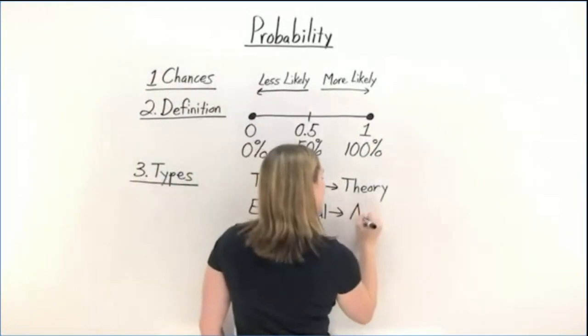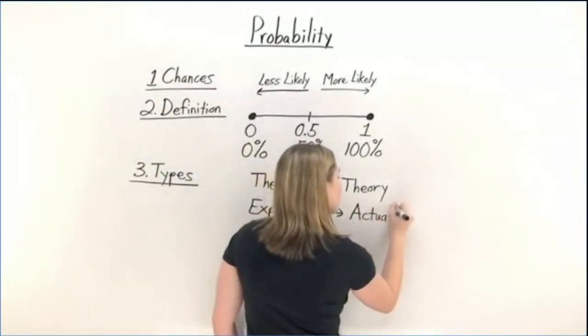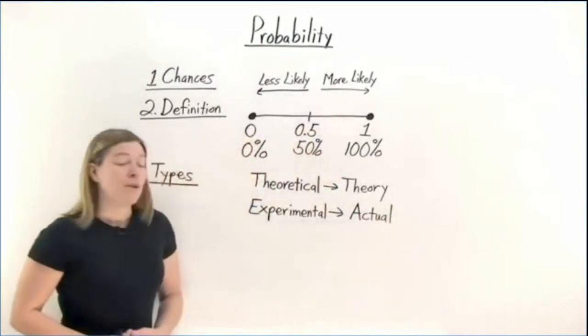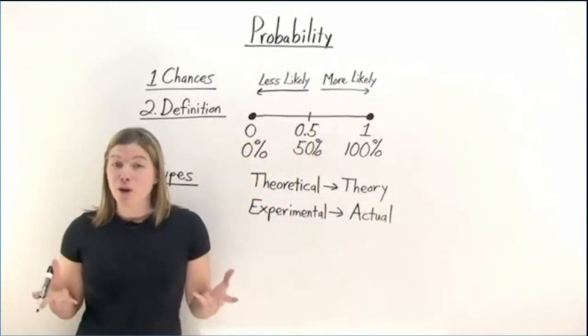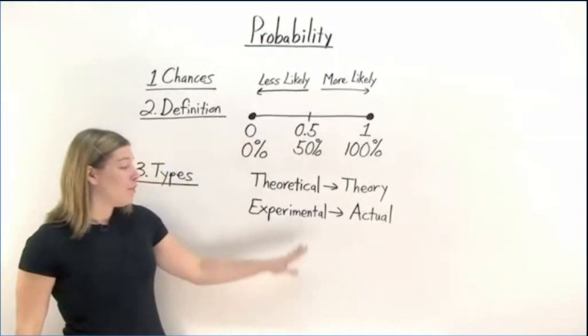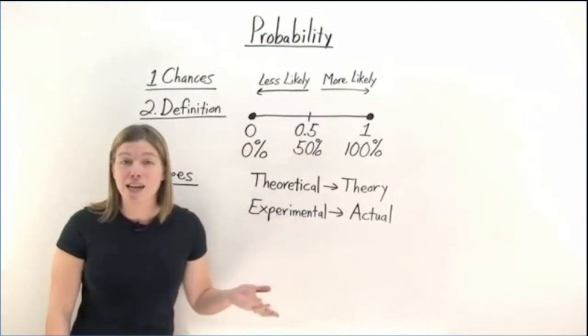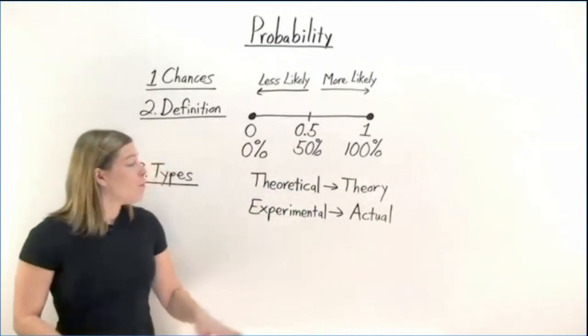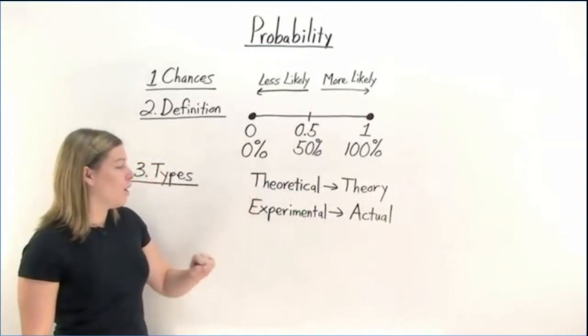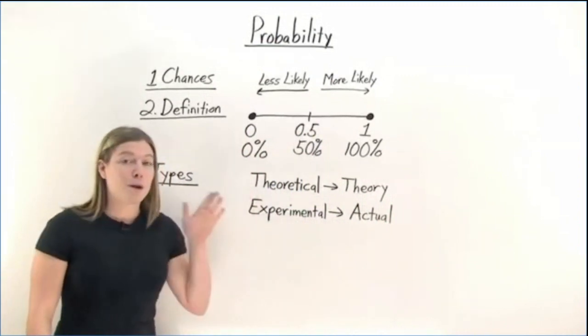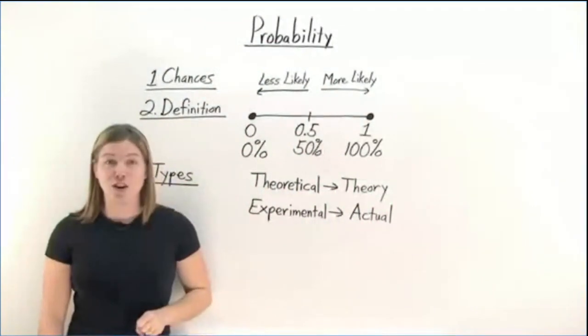Experimental probability is based on the actual results from an experiment. So if we actually go and flip a coin 10 times, we may only find that we get heads 2 or 3 times, or 8 or 9 times. So the theoretical probability of an event occurring doesn't always match the experimental probability of that event occurring.